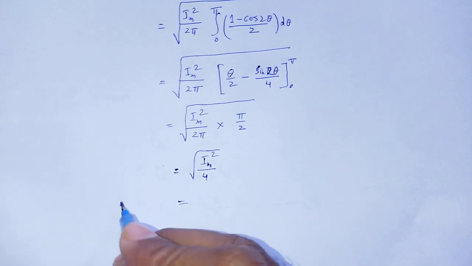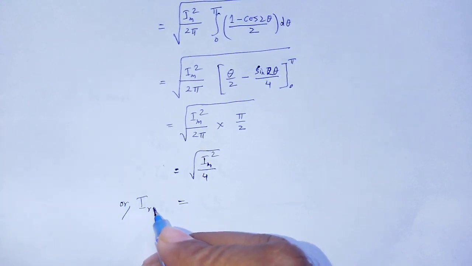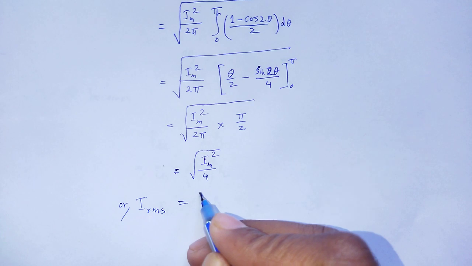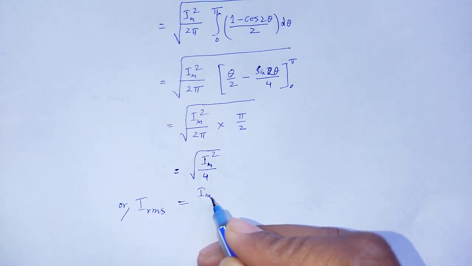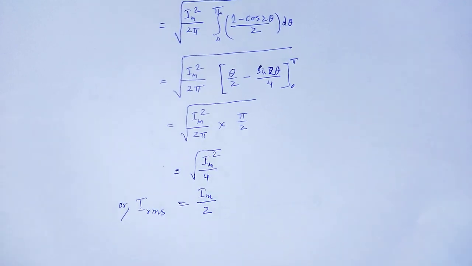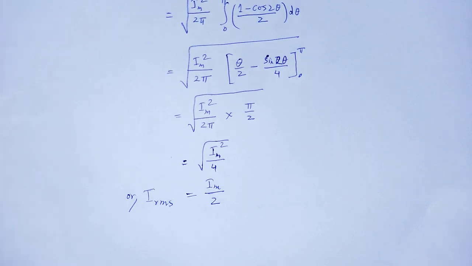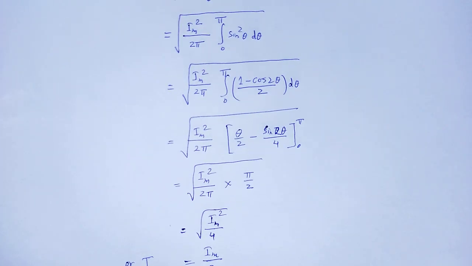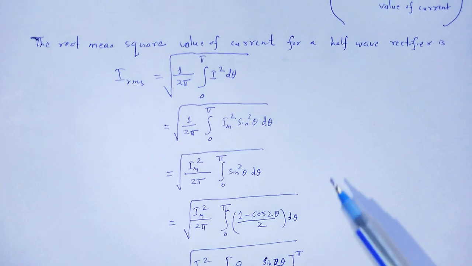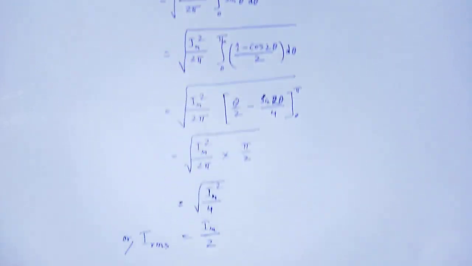Finally, the value of IRMS is equal to Im divided by 2. We can put the value of IRMS in equation number 5.